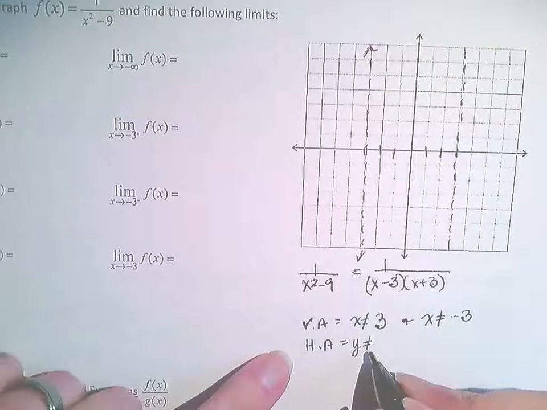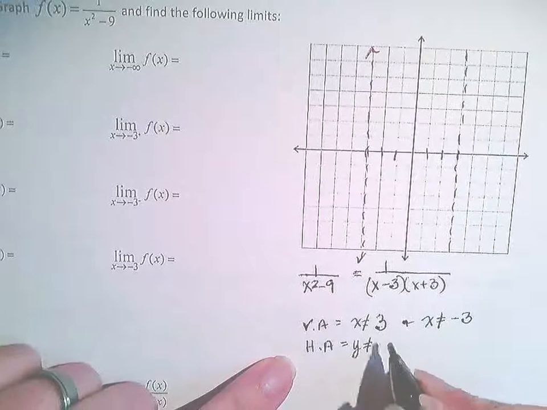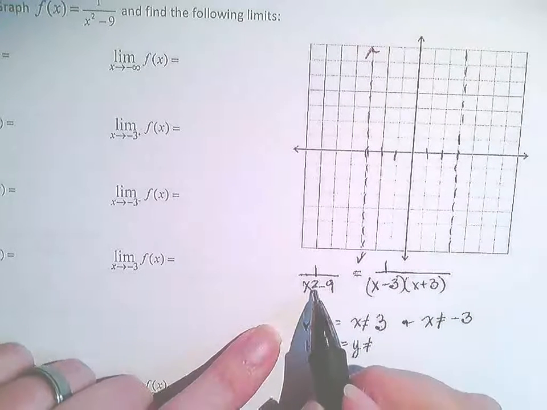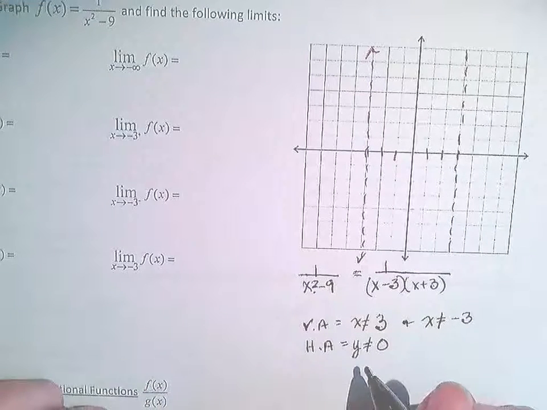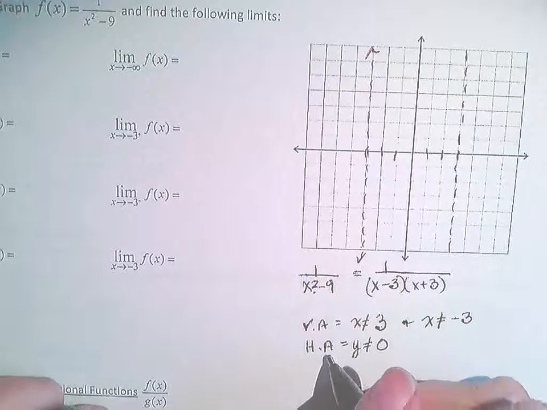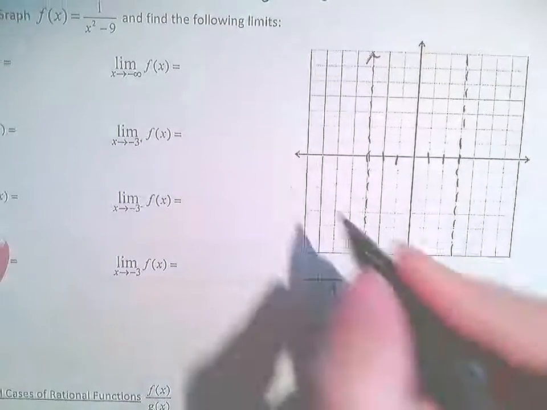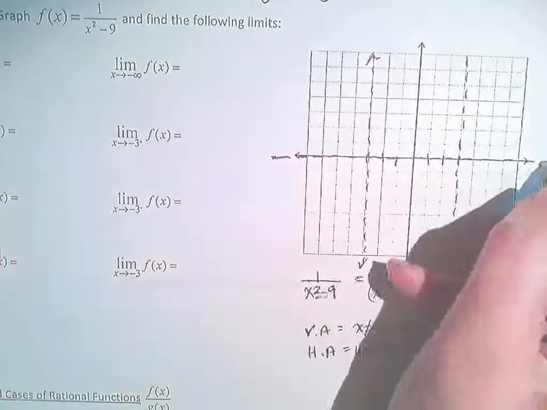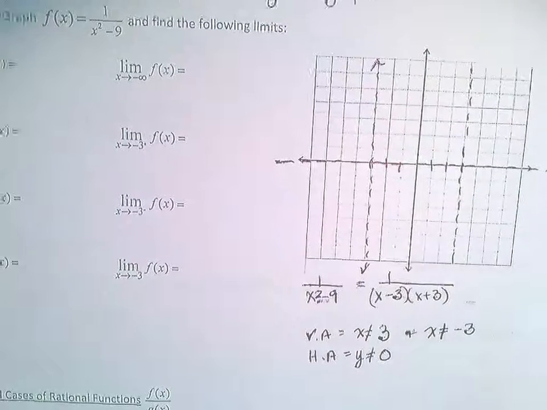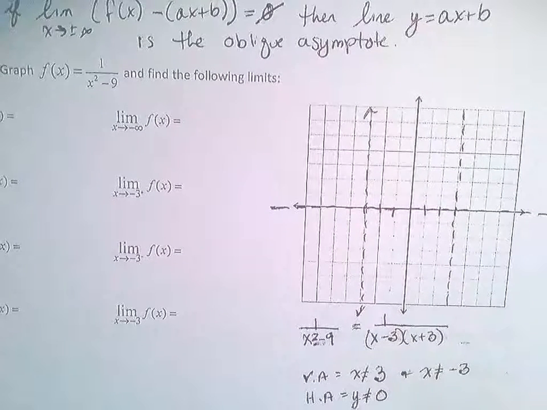Now my horizontal asymptote, remember bobo, bottom heavy, so the degree is bigger on the bottom, so the horizontal asymptote is at y equals 0. So I'm going to draw that right down at 0. And then to figure out where the branches are, just plug in some points.